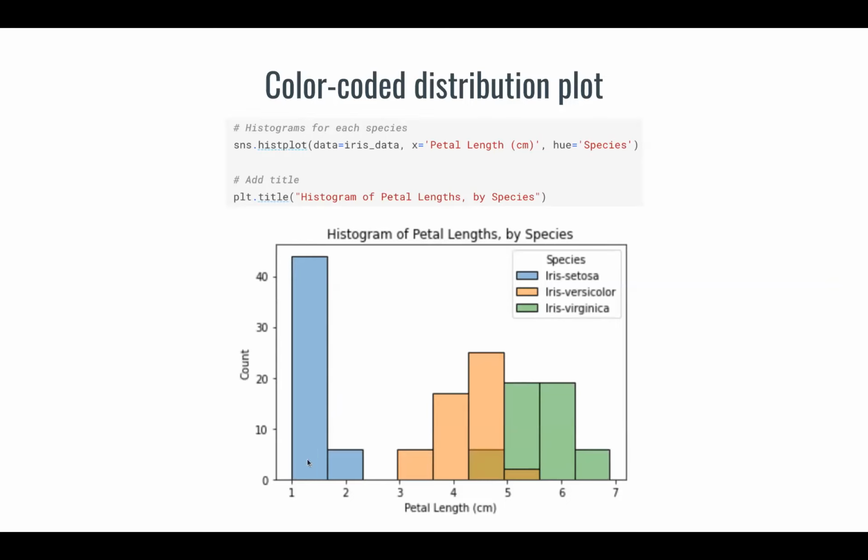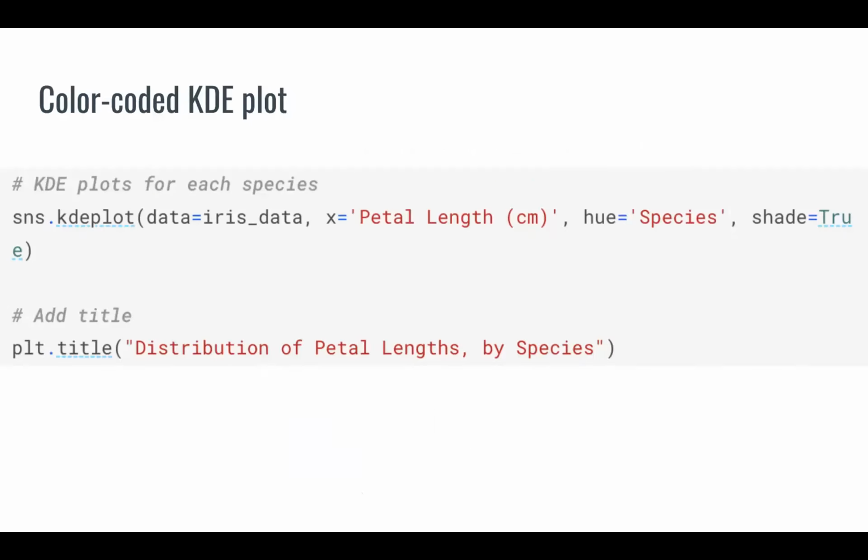So Iris setosa has blue color, and Iris versicolor has orange color, and Iris virginica has green, and some of the area that intersects will have a different color. We can also create a KDE plot for each species by calling sns.kdeplot.